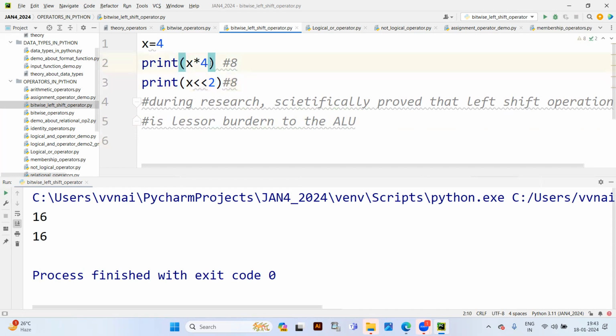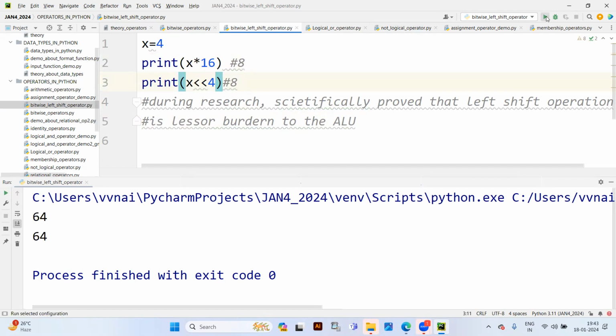If I multiply 4 into 8, and if we left shift 3 times, it will also be the same. If you perform it 4 times, same.